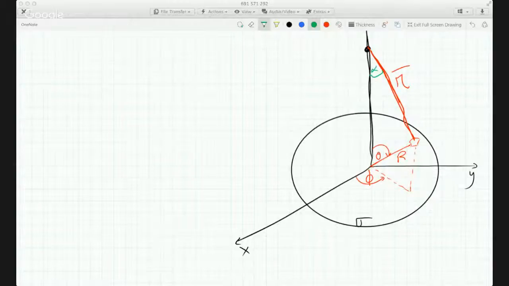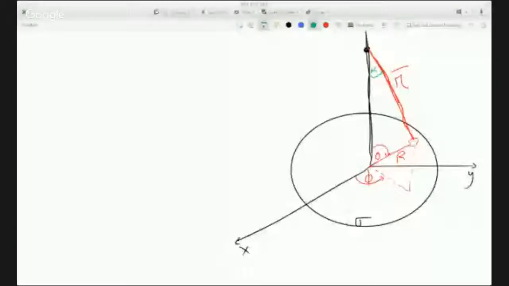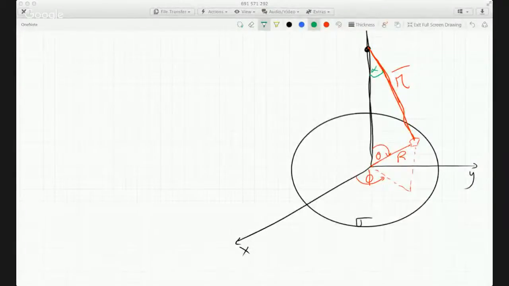Okay, so now we know Coulomb's law governs this electric field. Do you know the formula? Yeah. For the field, it's just the charge.